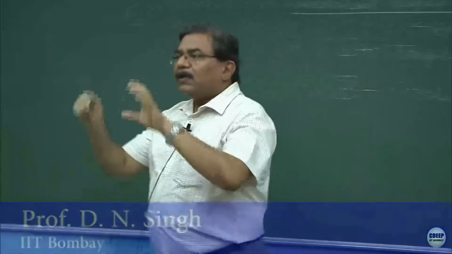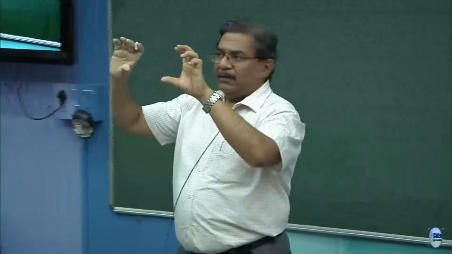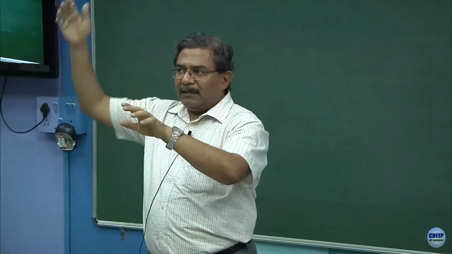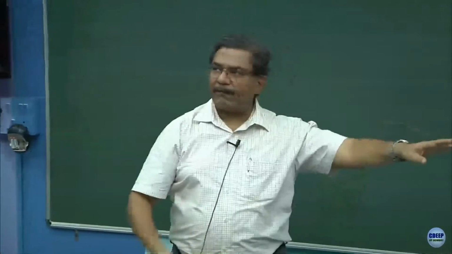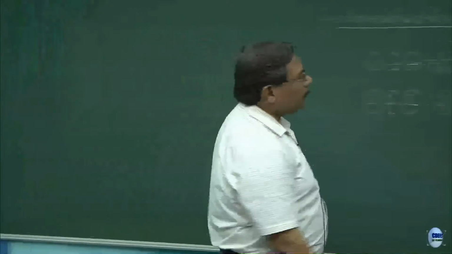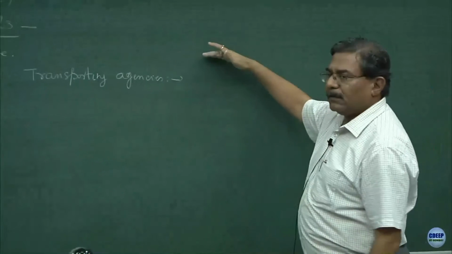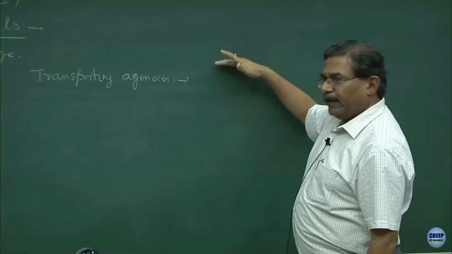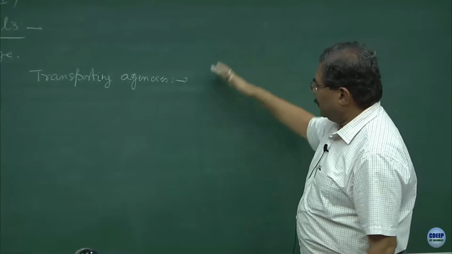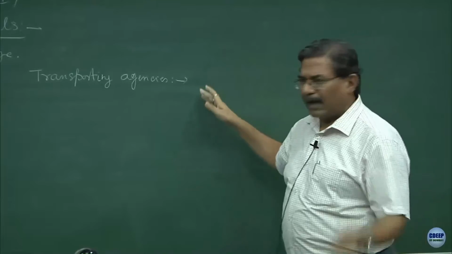And ultimately this whole thing becomes so hard. So the moment temperature changes, climatic conditions change, it breaks and it slides, it hits something, causes a disaster, alright. So transporting agencies are, as you are rightly saying, water, wind, ice, any other human activity, gravity and so on, fine.